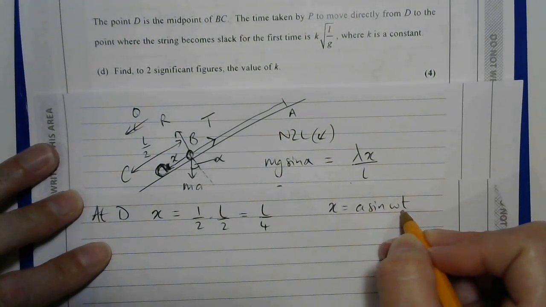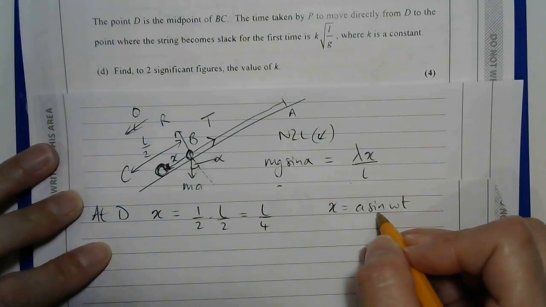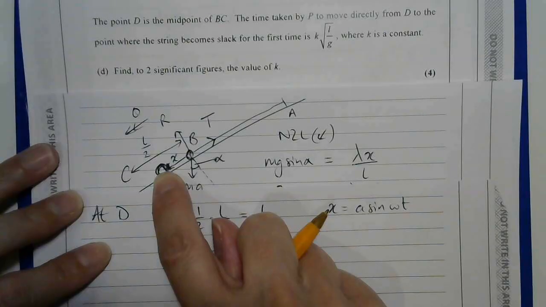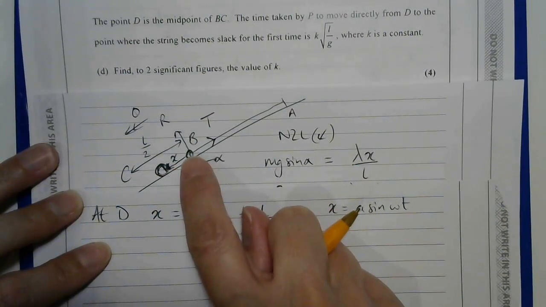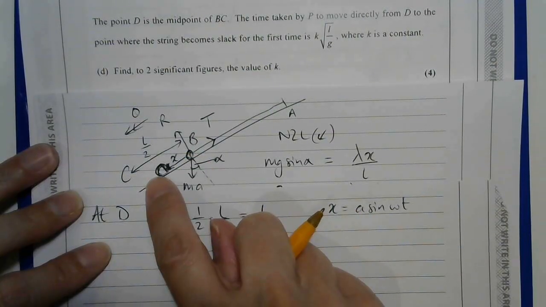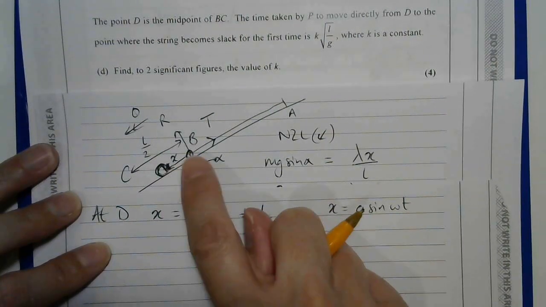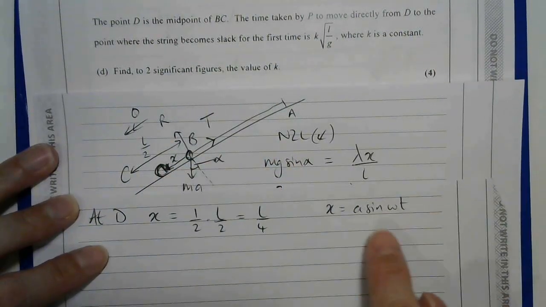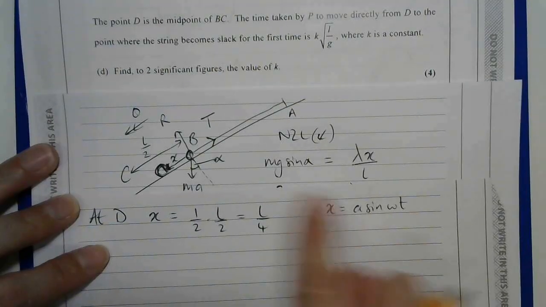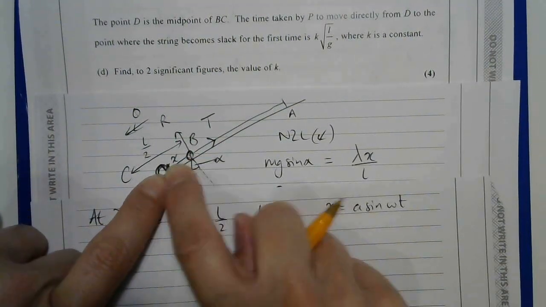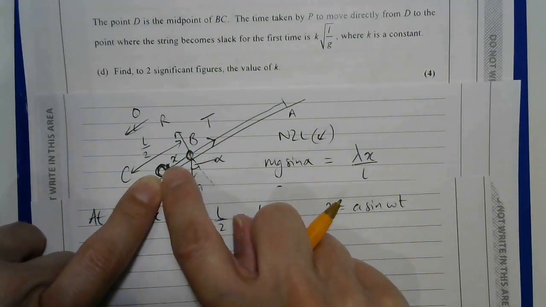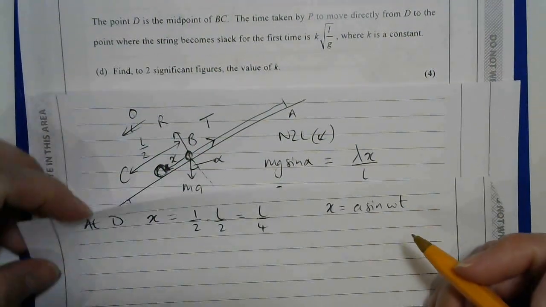Now this is the formula that you should use when you're measuring the motion from the center to that position, but the time it's going to take to go from there to there is the same as the time it will take to go from there to there. So if I measure the time from here to here, then popping in this value will give me that amount of time to get from B to D, or from D to B.